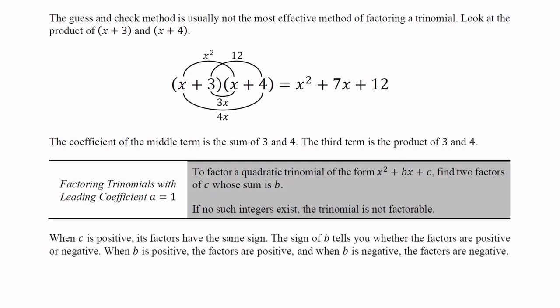When c is positive, its factors have the same sign. The sign of b tells you whether the factors are positive or negative. When b is positive, the factors are positive, and when b is negative, the factors are negative. Remember, this is only the case when c, your constant term on the end, is positive.